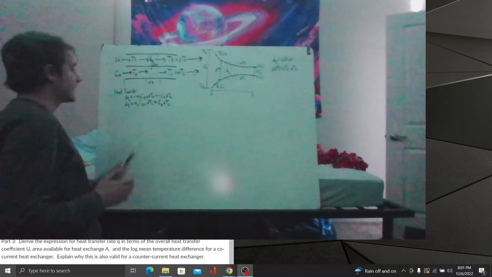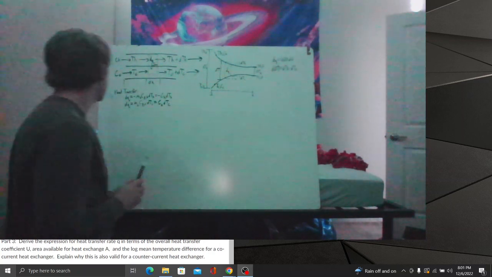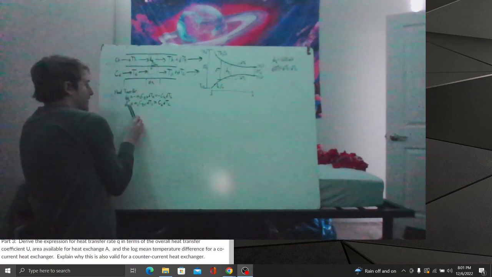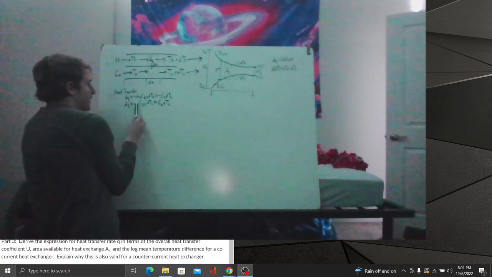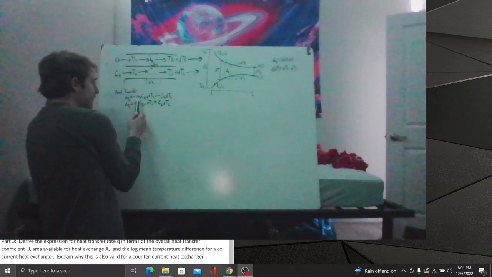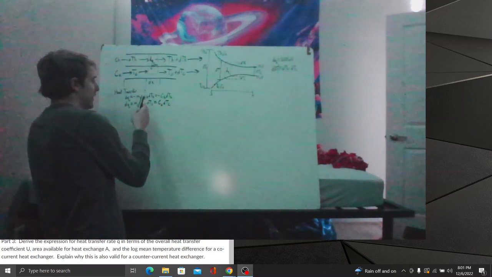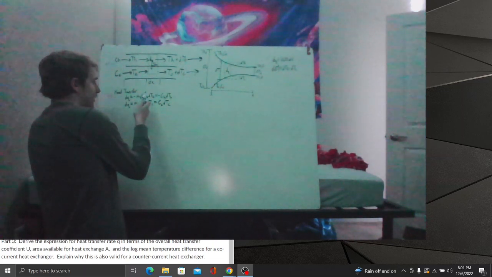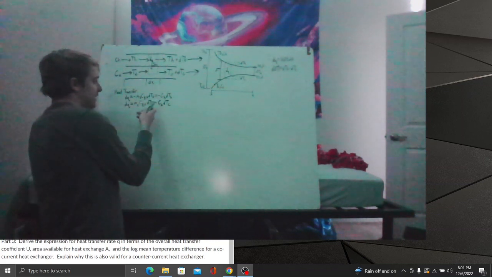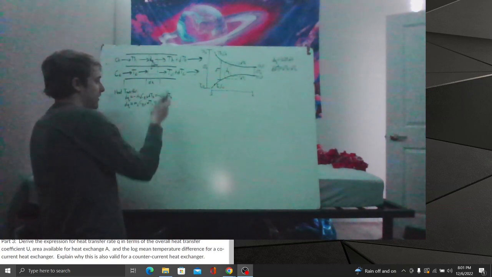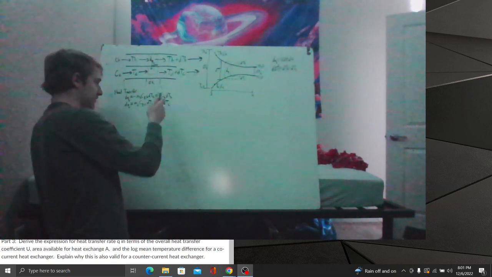And I have two equations here for the heat transfer. So it says that the change in heat is equal to the mass flow rate for the hot end times the heat capacity times the change in temperature on the hot end, is equal to the negative of the same for the hot end.